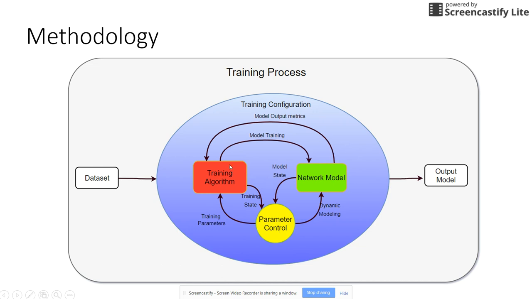The training algorithm ensures that the model is actually trained properly based on the outputs it has received from the training model. The parameter control optimizes the dynamics of the system, thereby ensuring that it does not get stuck in local minima, maintaining some diversity, or also satisfying model constraints and environmental constraints.